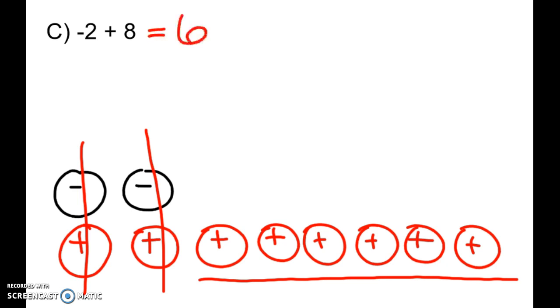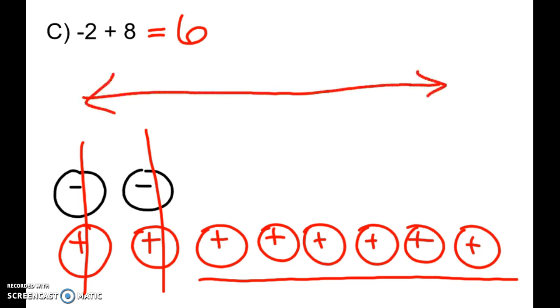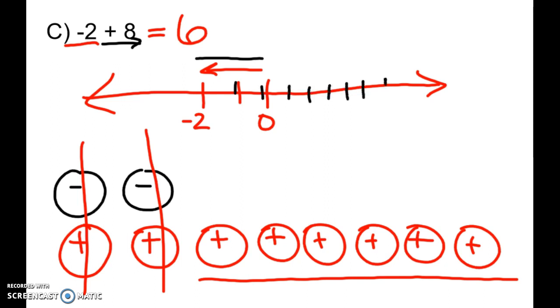Okay, 6. And on the number line, it would be starting at 0. This direction says go back 2, so I'm going to go backwards to -2. And then plus 8 says go to the right 8. So if I go to the right 8, I'm going to go 1, 2, 3, 4, 5, 6, 7, 8.